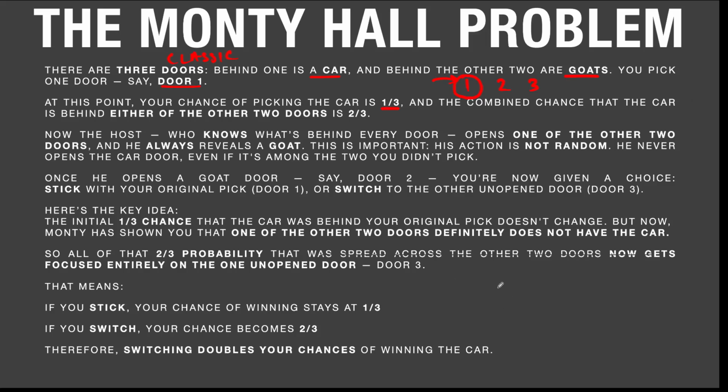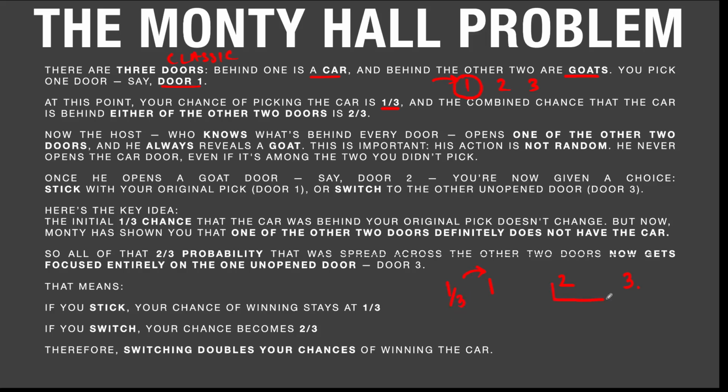Now, this is the part you need to understand. This is door 1, this is door 2, this is door 3. The car being behind the first door, your choice, is 1 by 3 as of now.